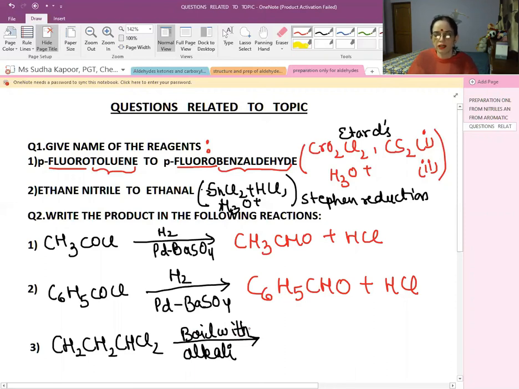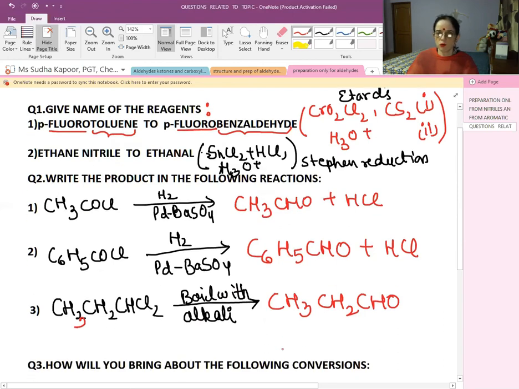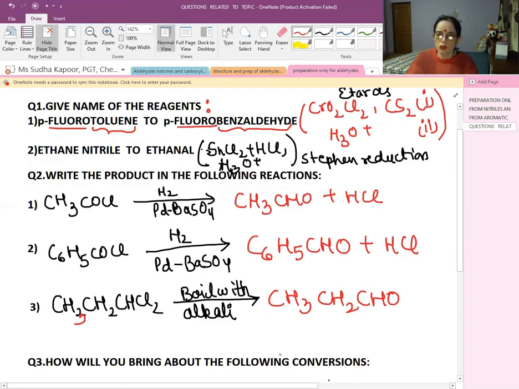So what happens if we get two OH on the same carbon? It removes water, and the product will be CH3, CH2, and then CHO. The side chain chlorine has been replaced by OH, and the unstable gem diol results in forming the aldehyde.